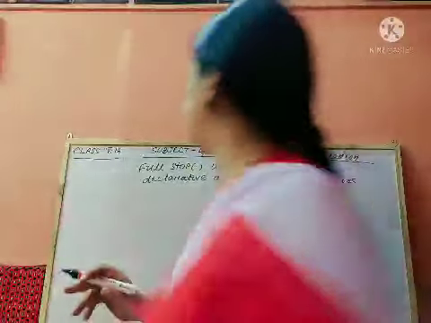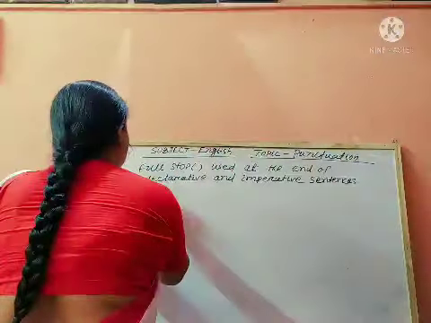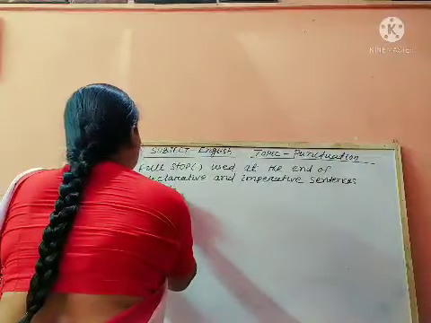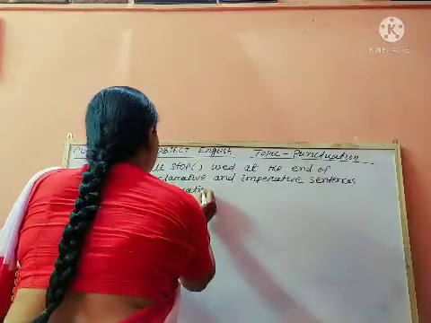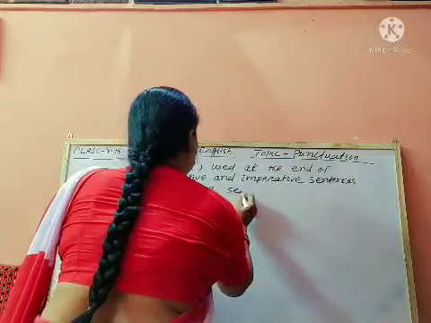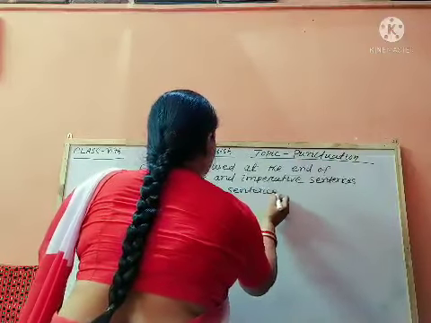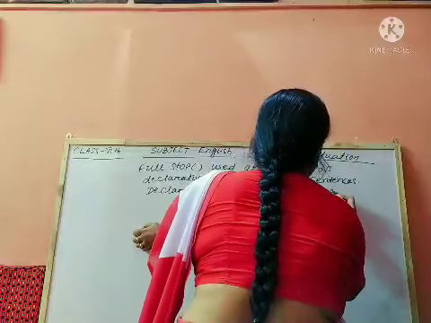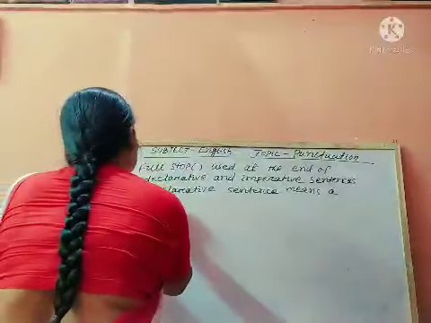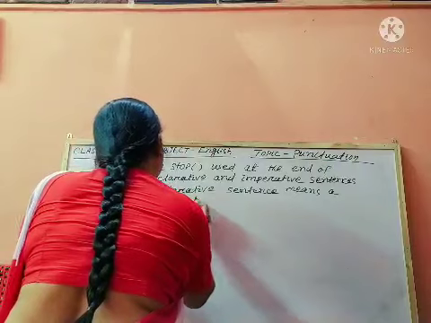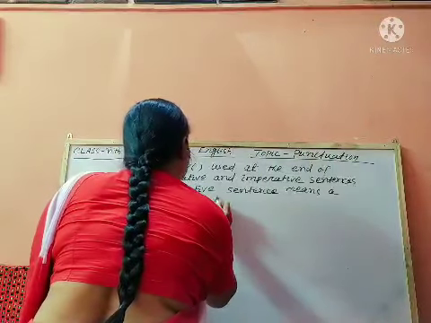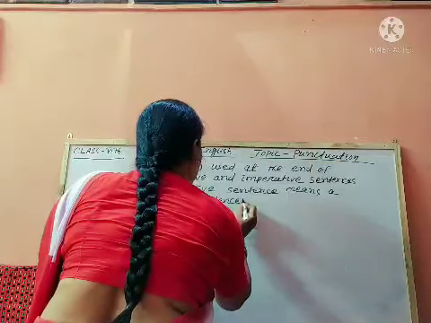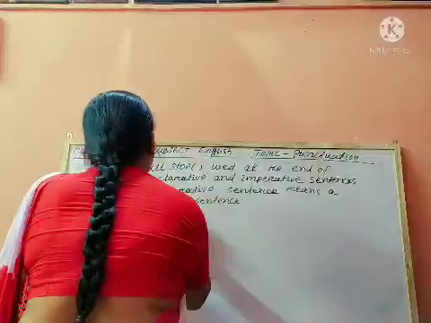What do you mean by declarative sentence? A declarative sentence means a normal sentence. For example: Sita is a girl.